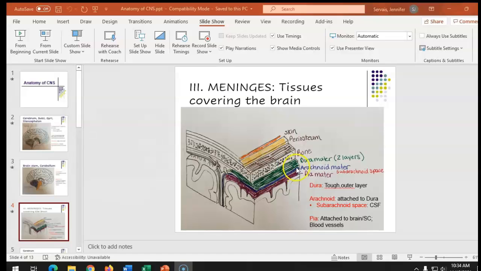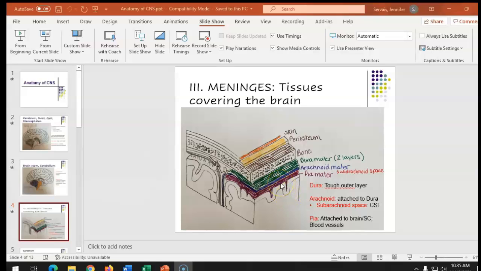Directly underneath that, attached to the dura mater, is the arachnoid mater. And then underneath the arachnoid mater is going to be a space, which is hard to see here on the coloring, but this space is called the subarachnoid space, and this is where cerebrospinal fluid is going to sit.